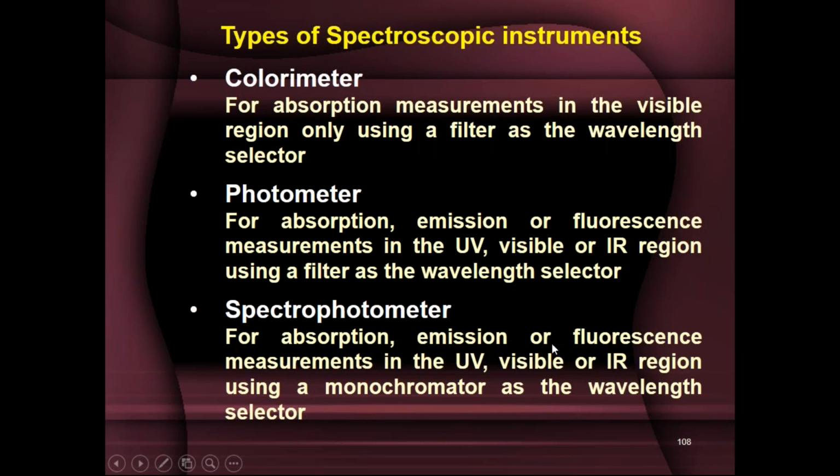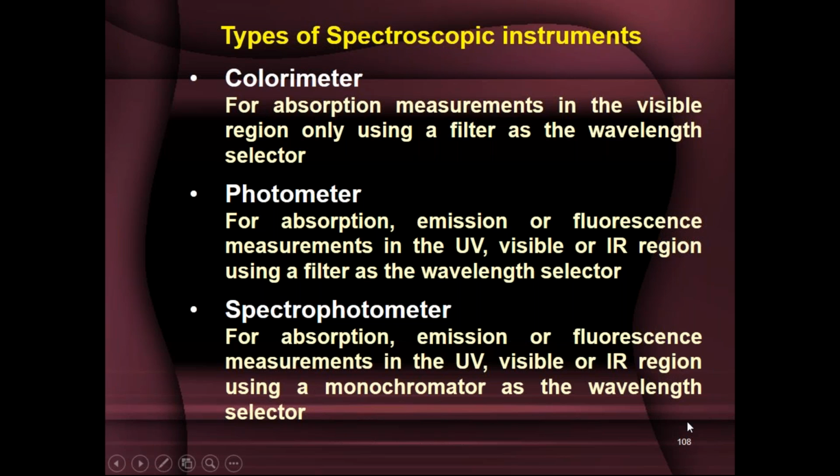If you're using IR radiations, it will be called an IR spectrophotometer. Visible radiations with monochromator as wavelength selector, a visible spectrophotometer. Visible radiations with filter as wavelength selector, it could be colorimeter or photometer. Visible radiations with filter as wavelength selector, and only absorbance can be measured, it's a colorimeter. So I hope now it's clear the difference between these two.